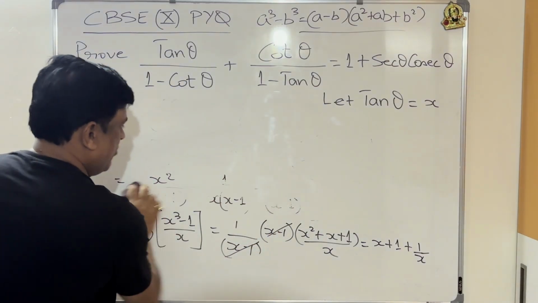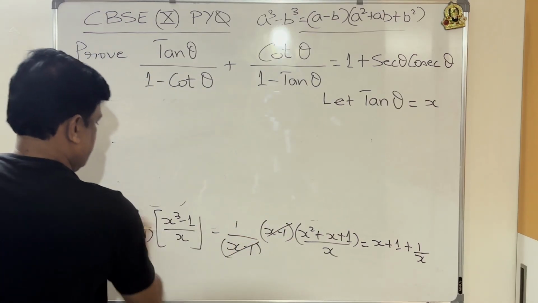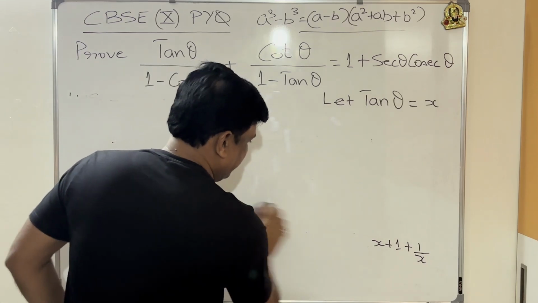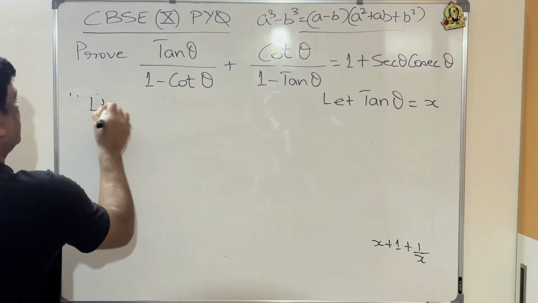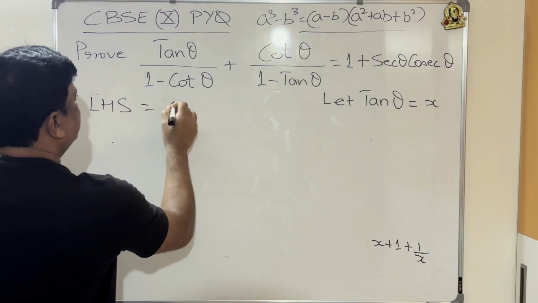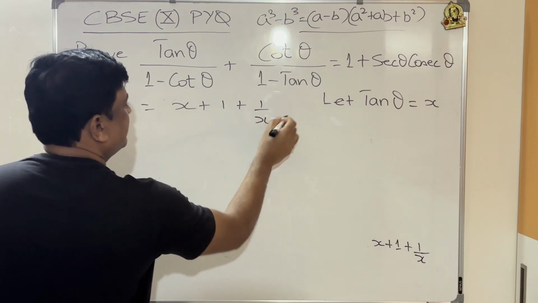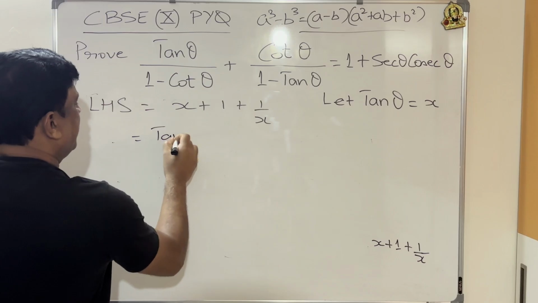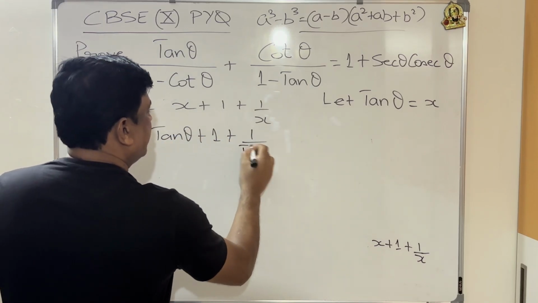Okay, so you have got the LHS. In terms of x, you got it as x plus 1 by x. Let's go ahead and replace x is equal to tan theta. So replace it with tan theta plus 1 by tan theta.